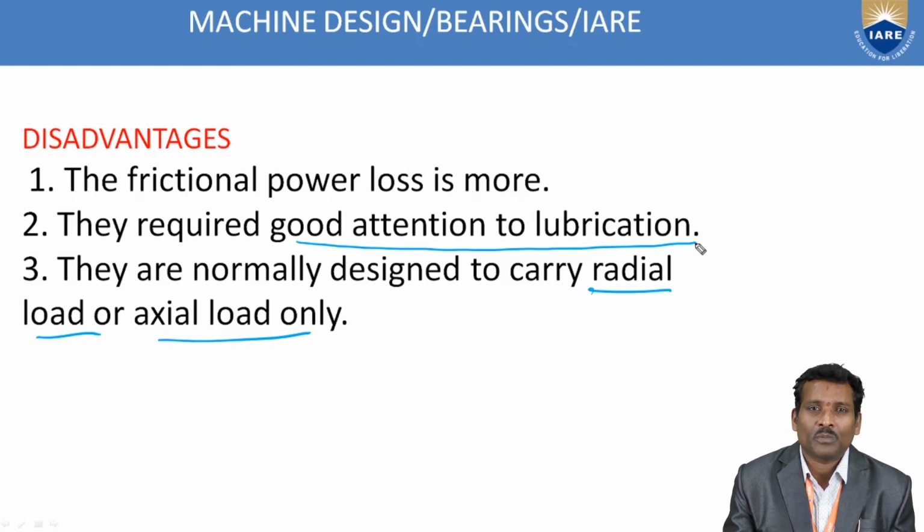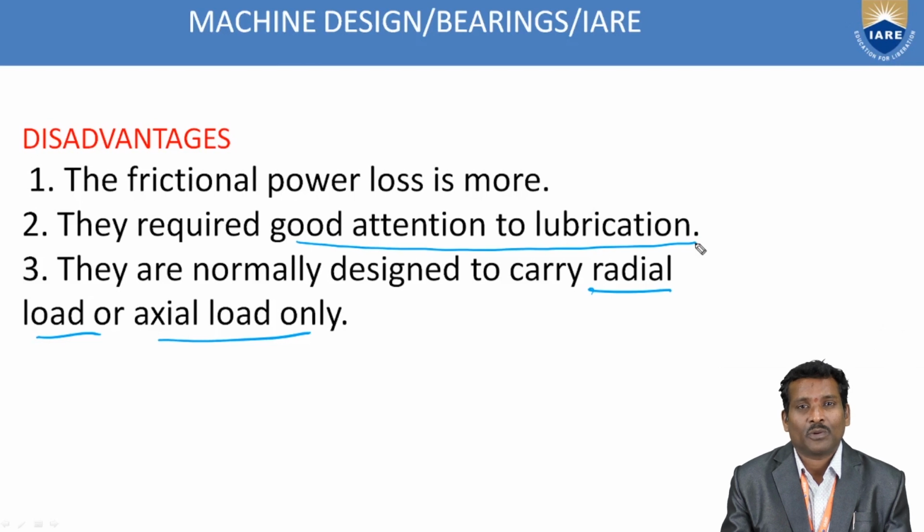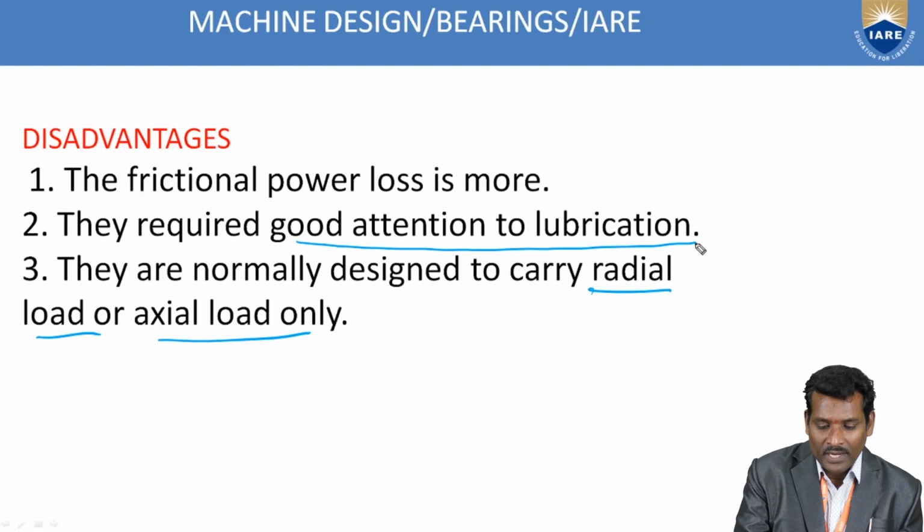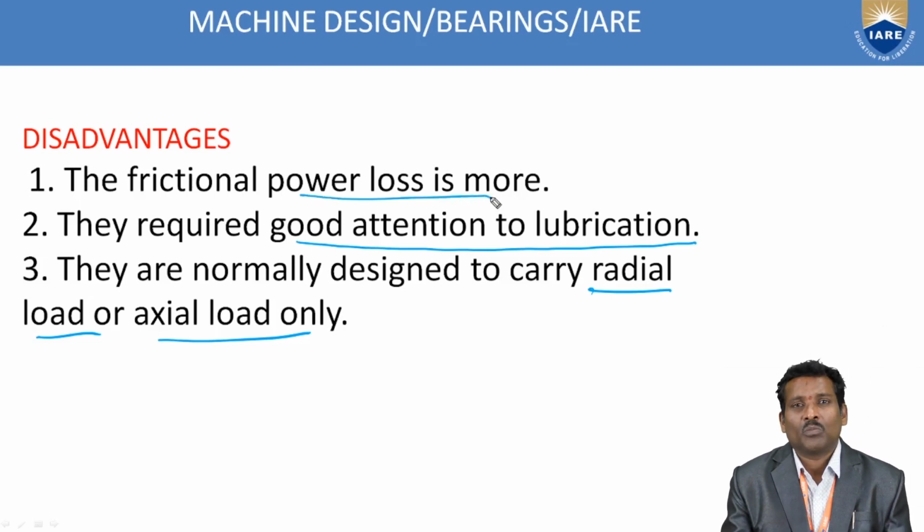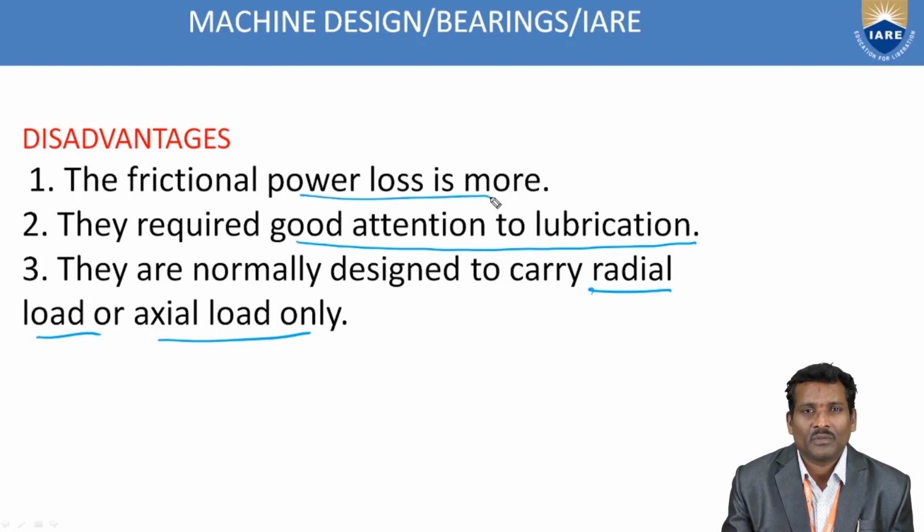So what are the lubricating properties? Generally viscosity and density, flash point and pour point. These all are important properties of the lubrication. And frictional power loss is more. The frictional loss is very high when compared to the rolling contact bearing.